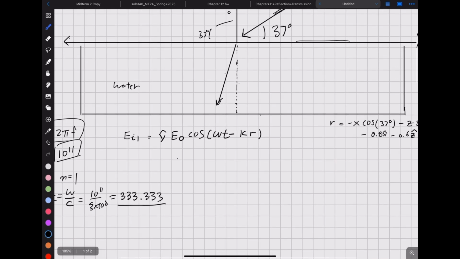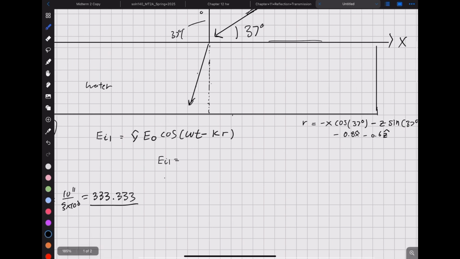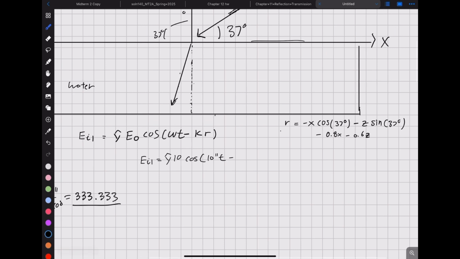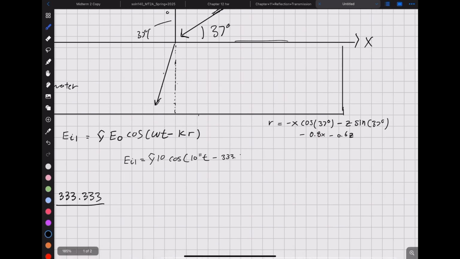Next, E1 of I is going to be written as, oh, there's no hat in these. Let's get those out of here. We're going to have y 10 cosine (10 to the 11 t) minus this k, so we have 333.333 multiplied by negative 0.8x minus 0.6z.